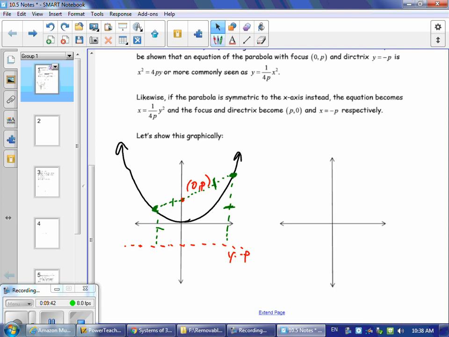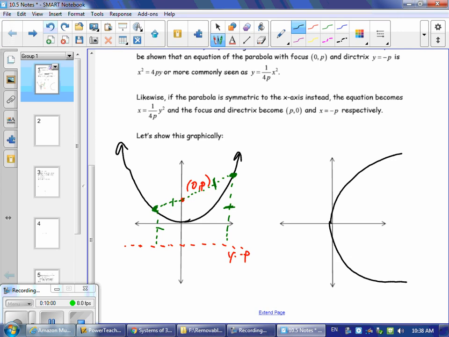All right, if we go with the second option, x equals 1 over 4p y squared, man, this is going to take some getting used to here. It's going to have to do. And if I were to draw my focus, maybe about right there, that wasn't bad.